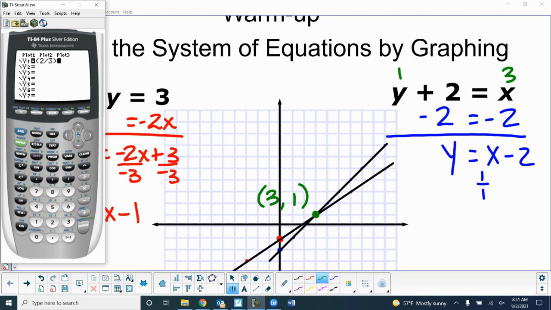That's how you show a fraction. It's a division problem. X is right here, under mode, next to alpha. And then it was minus 1, right? And then the other one was y equals x minus 2. So x minus 2. So you hit enter.